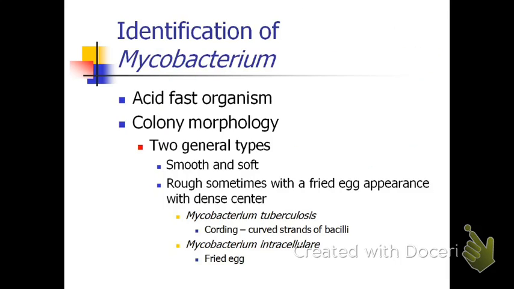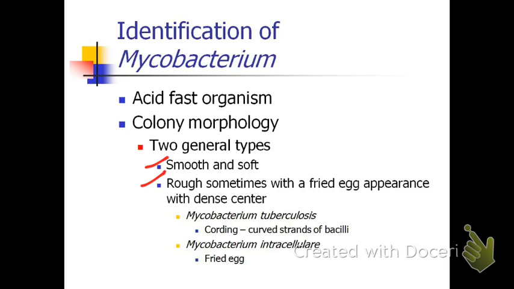Aside from the cultural methods, we can also identify Mycobacterium using the acid-fast stain, like what I've mentioned before, and then colony morphology. We have already identified the difference between the dysgonic and the eugonic growth.